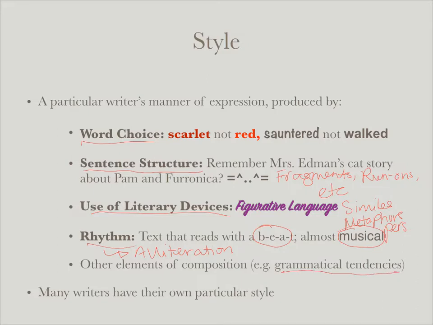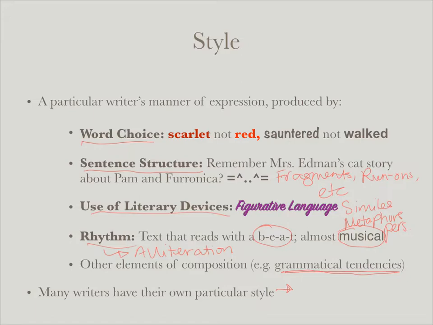And so her grammatical tendency is to not follow grammar rules, which is kind of the antithesis of what we would think of when we think of traditional literature, right? Which is what makes this book so interesting and so fun to read. Many writers have their own particular style, and sometimes you can even tell who you're reading before you even know that it's their text based on how they write.